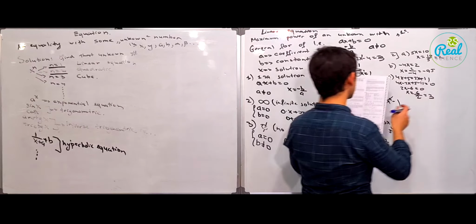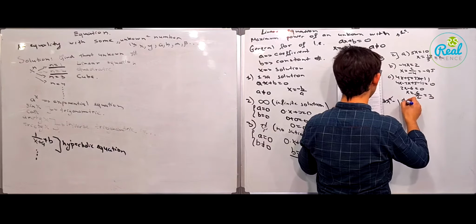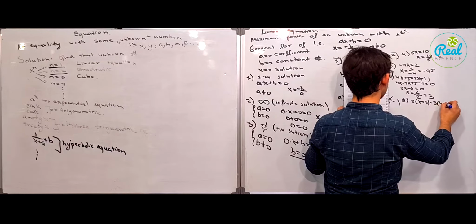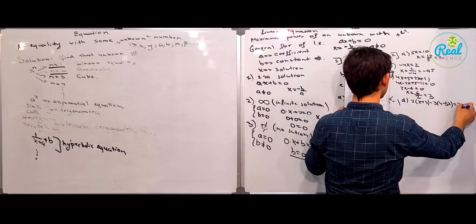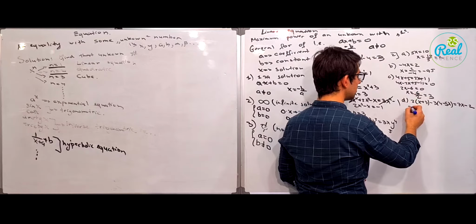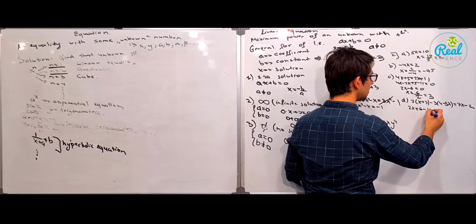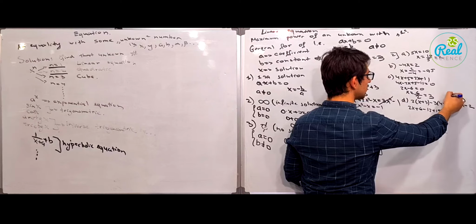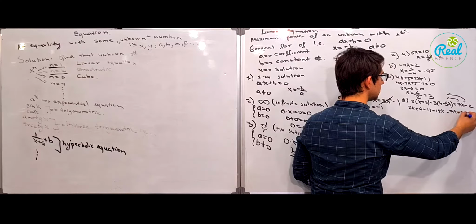So let's look at part d. 2 times (x plus 3) minus 3 times (4 minus 5x) equals 7x minus 2. So you open the brackets properly: 2x plus 6 minus 12 plus 15x, and you change the signs, so minus 7x plus 2 equals 0.